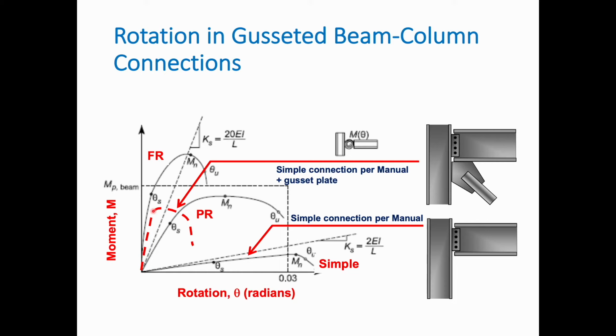The stiffness is higher, the capacity is though lower than what it is for a fully rigid connection, and of course there is an increased ductility and rotational capacity, and that is something that in most cases we don't know how much it is for our connection. So it's best to work with the fabricator of the connection, test the connection, and find out what is the actual ductility performance.